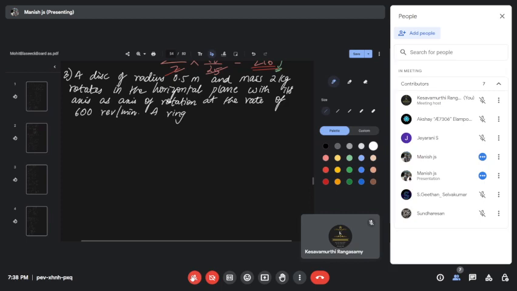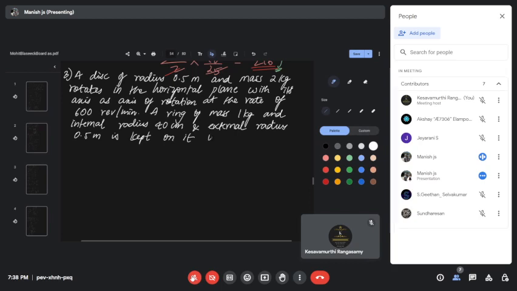A ring of mass 1 kilogram and internal radius 40 centimeters and external radius 0.5 meters is kept on it with its axis coinciding with that of the disk.